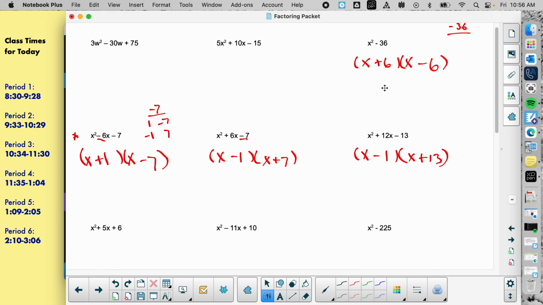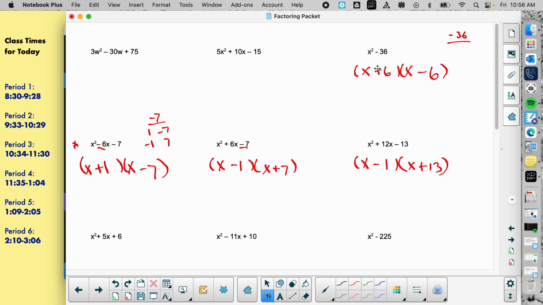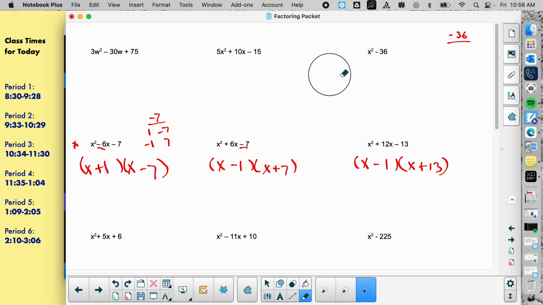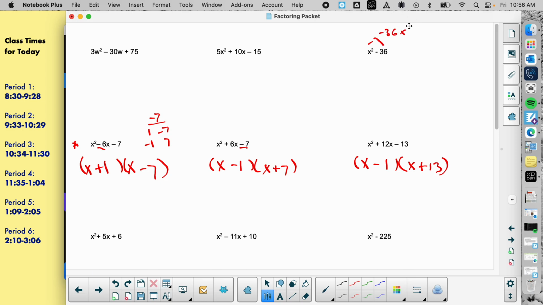Do we feel like we need to do more? Does anybody want me to show you how to do this new type of problem with the old method? Yeah, I can do that. And then we'll be done with notes. Okay, so this problem up here, we'll do it with the method where you multiply. If we multiply 1 and negative 36, we get negative 36x squared.